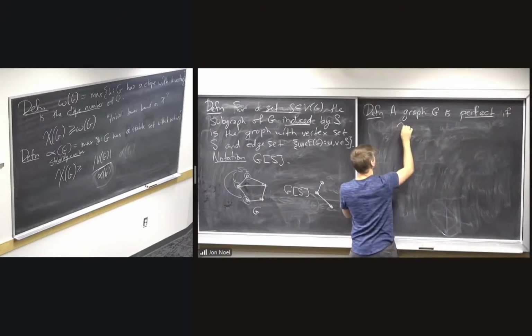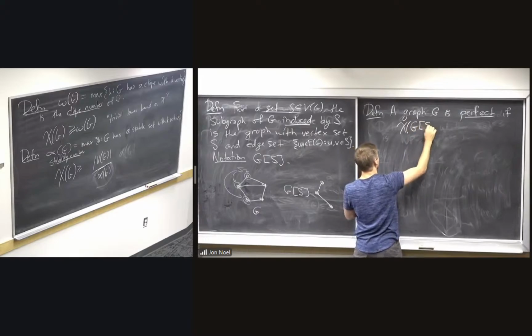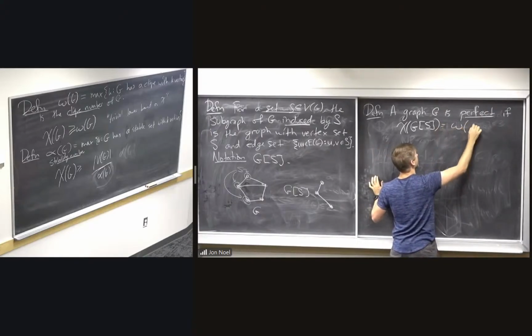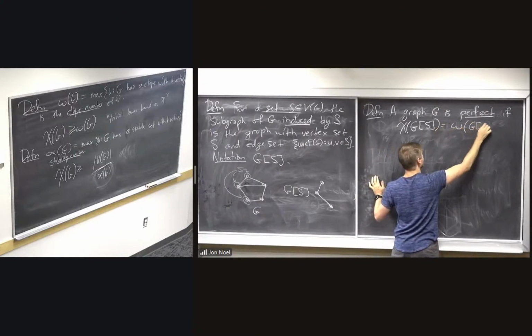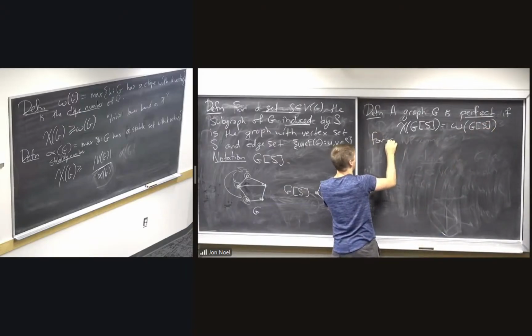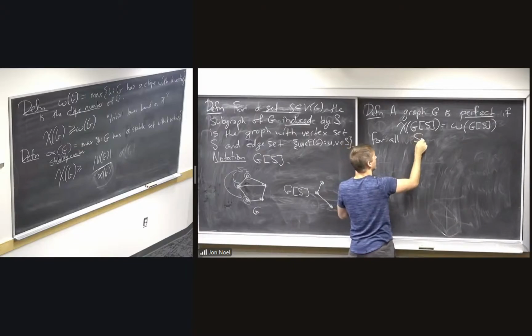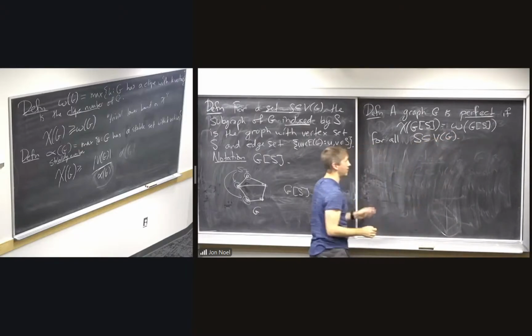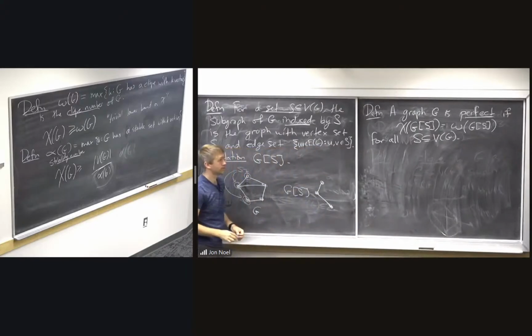If the chromatic number of the subgraph of G induced by S equals the clique number of the subgraph of G induced by S for all subsets S of the vertex set.